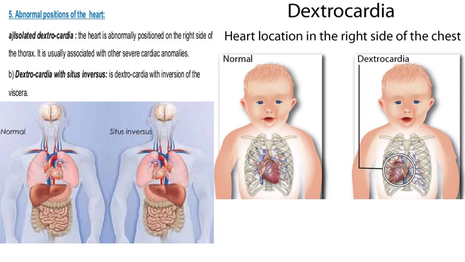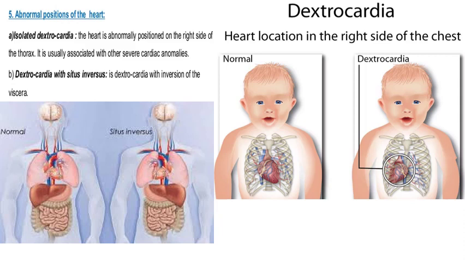Say the arch of the aorta, which has to arch onto the left side, arches onto the right side, and the liver, which is on the right side, will be on the left. Stomach is on the right side. Spleen will be on the right side. Appendix is on the left side. Ascending colon too. Everything is a mirror image, which is seen in situs inversus.